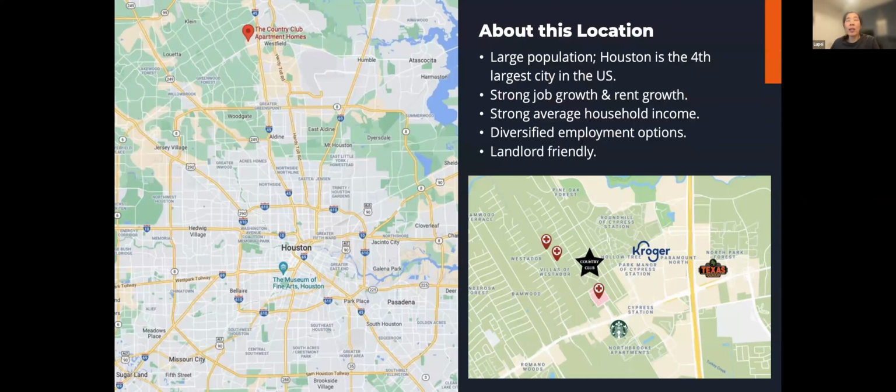Ultimately, you want people who have stable jobs that can pay rent, and a diverse economy. And of course, we all know Houston is a good place, very fast growing.